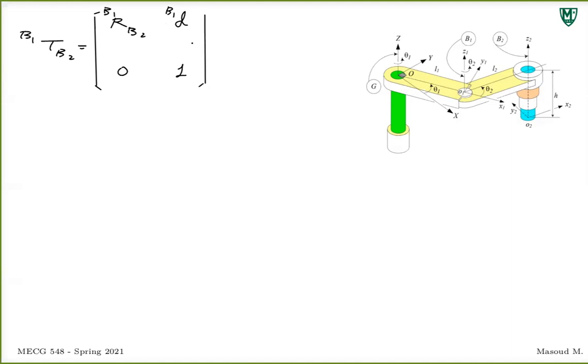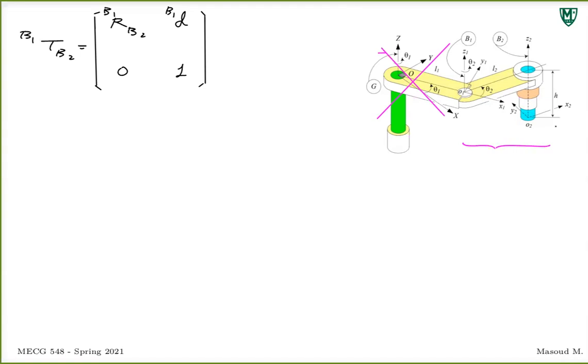Same process. Now, what changes is that you can think about B1, forget about this part now. This is gone. We don't care about this part now. We are focused on this part.